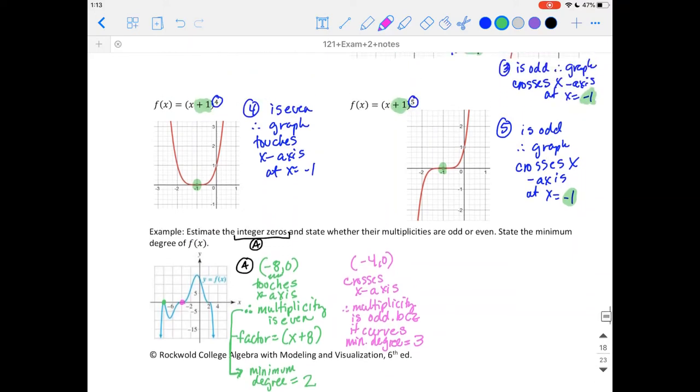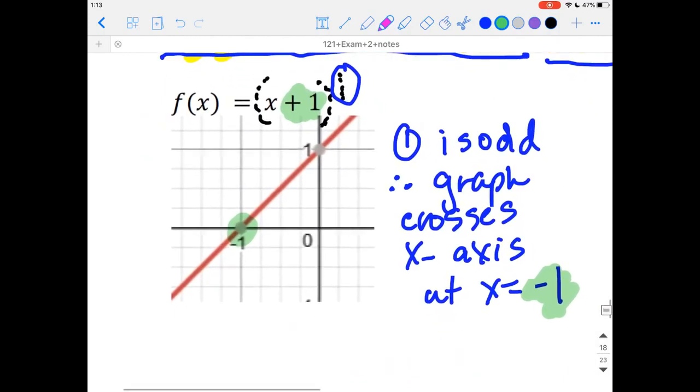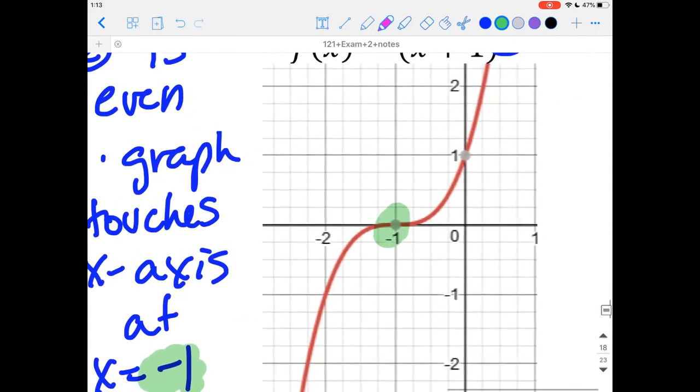Okay, so some of you are like, whoa, why not 1? Okay, so let me look up here. Look at this one. When the degree is 1, it literally goes straight through. No curvature at the x-axis. And starting at degree of 3, we have that curving feature.